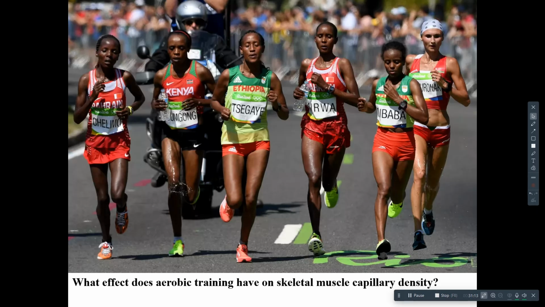Got 6 fast ladies here. And if you are inspired by these ladies and you decide to increase your amount of aerobic training, your running, your bicycling, whatever you are doing, what would happen to your skeletal muscle capillary density as a result of aerobic training?